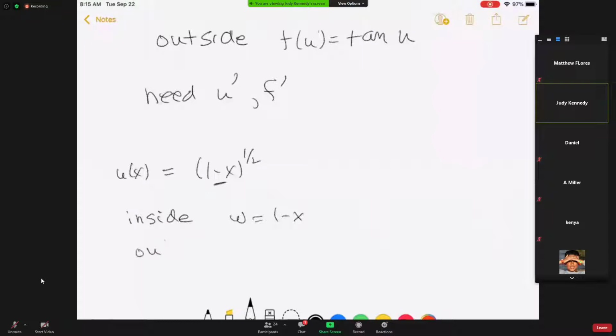And the outside, I already used f, so let's call it g, is equal to w to the 1/2.